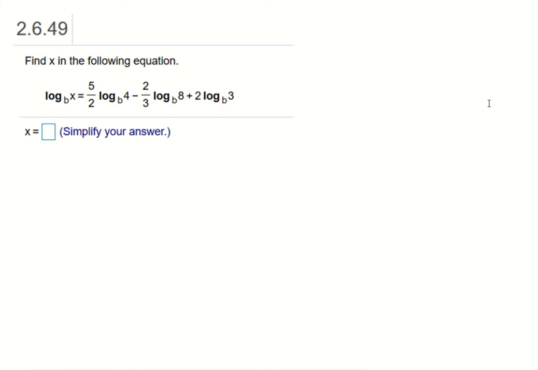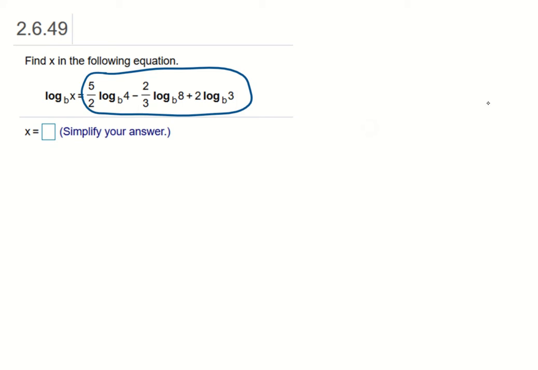Let's look at some homework problems here. Okay, first one is this problem. Find x in the following equation. And you can see on the left side is a log with base b of x. On the right side is several logs, adding and subtracting, with certain coefficients.